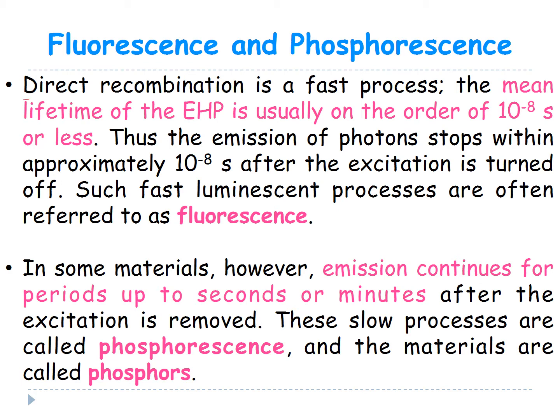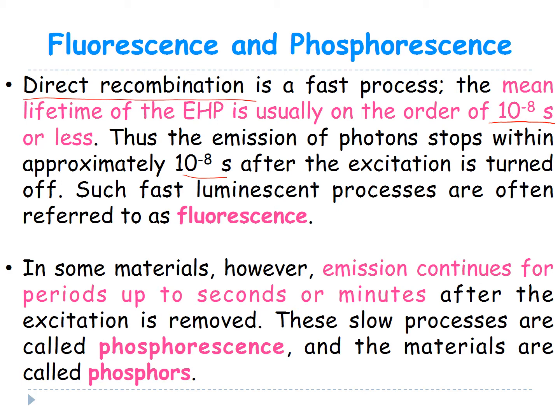Now, direct recombination is a fast process. The mean lifetime of the electron hole pair is usually on the order of 10 to the power minus 8 seconds or less. Thus, the emission of photons stops within approximately 10 to the power minus 8 seconds after the excitation is turned off.